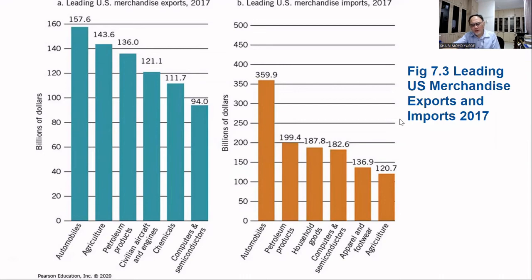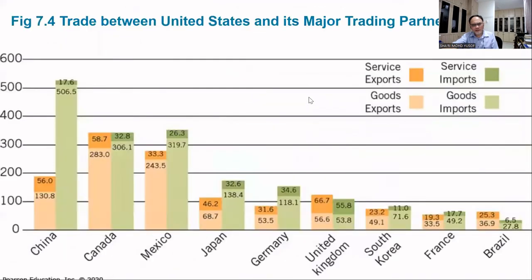So you can look at these details, and this is between countries, between major trading partners. From China, they import 506.5 billion.